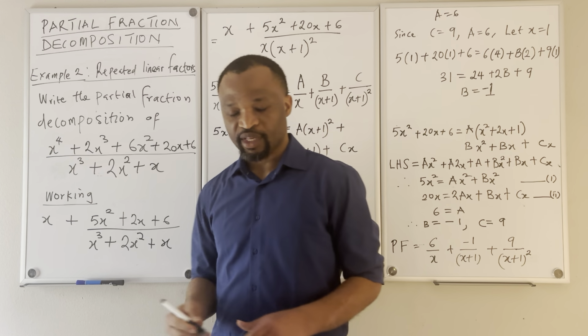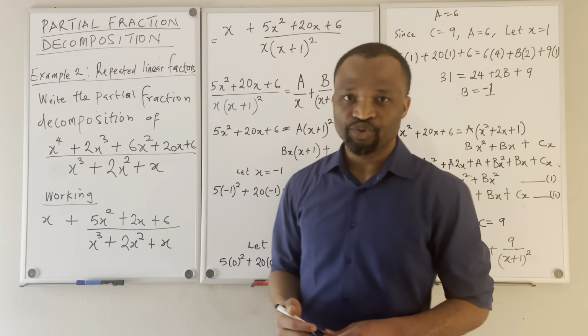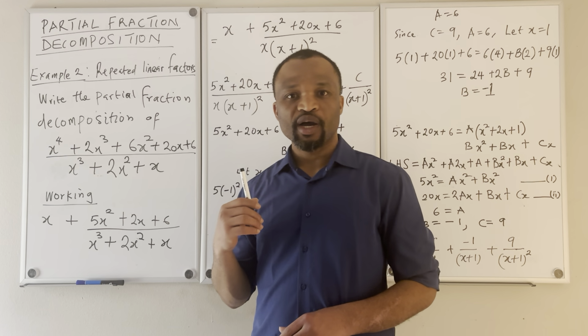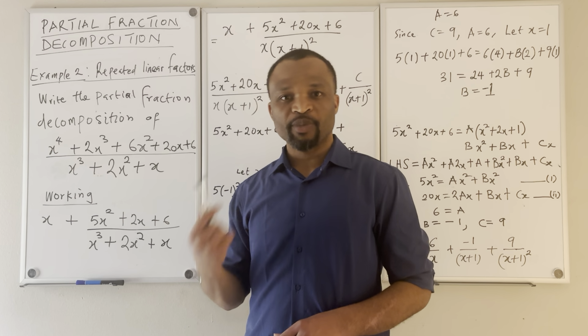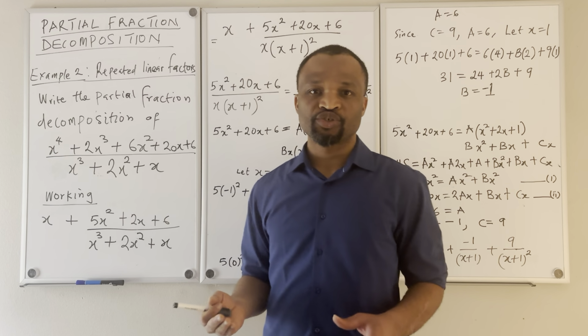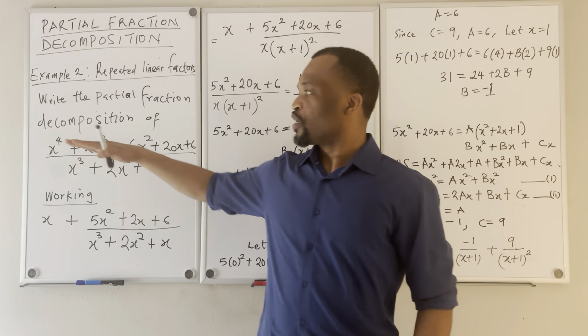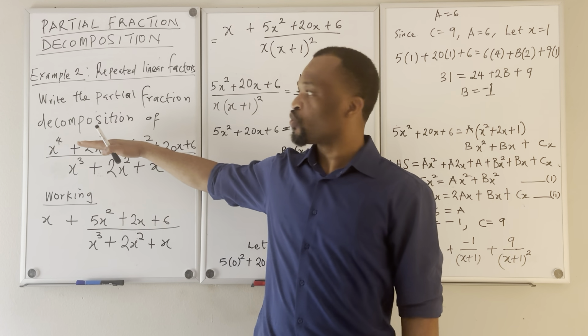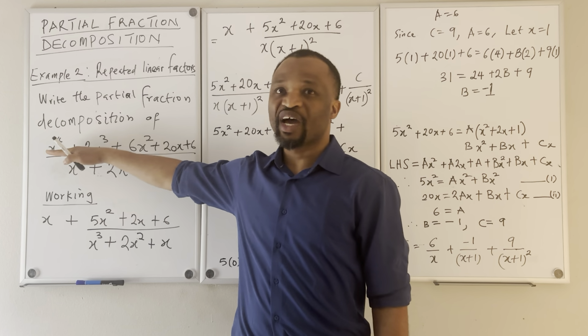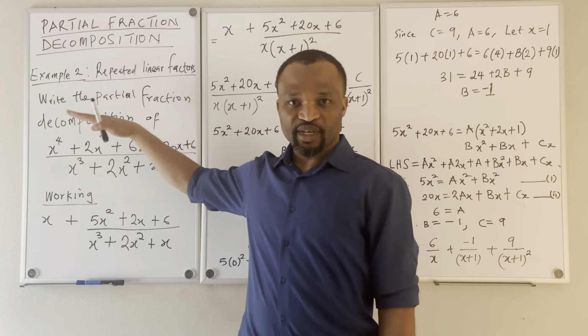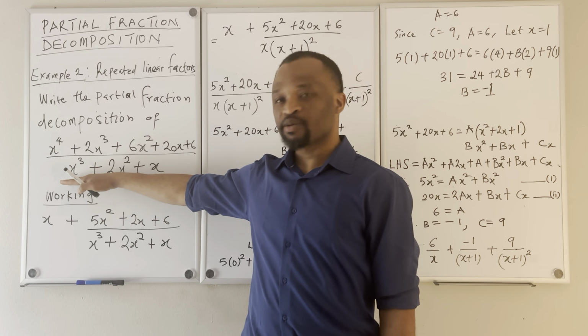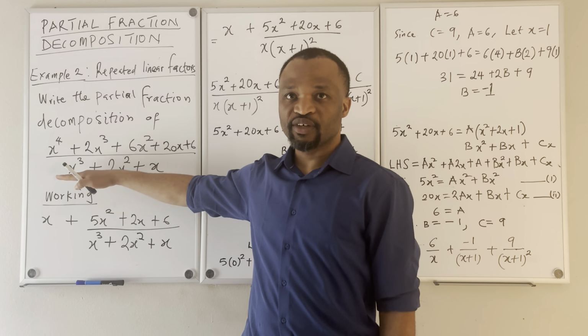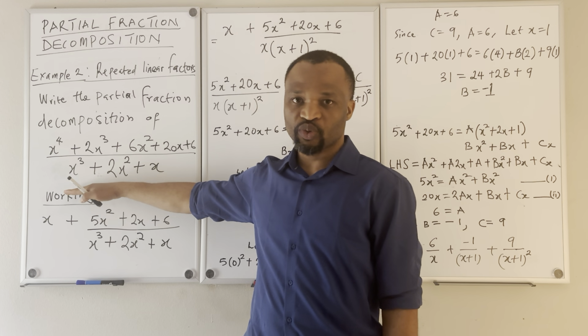And as you may know, an irrational partial fraction is a fraction such that the x power of the function I have at the numerator is greater than the x power of the function I have at the denominator.